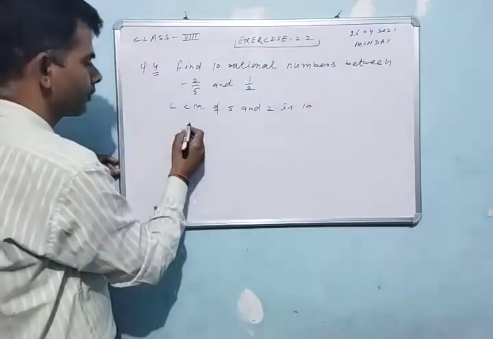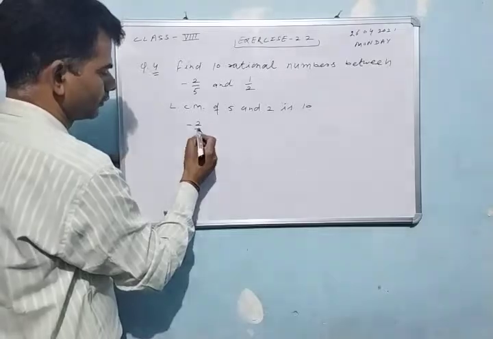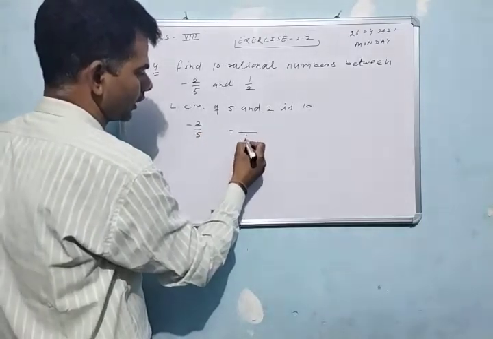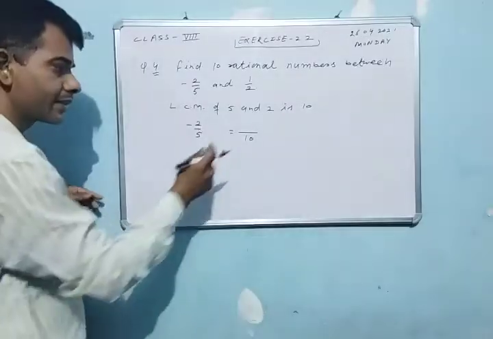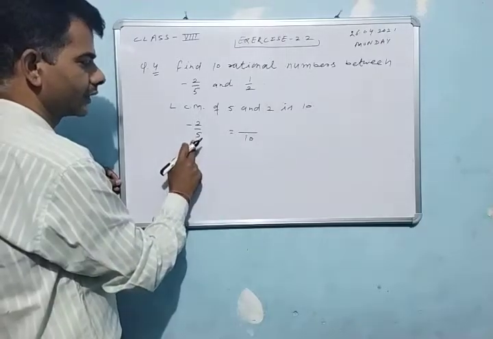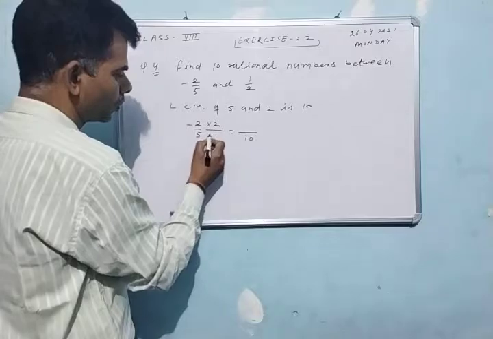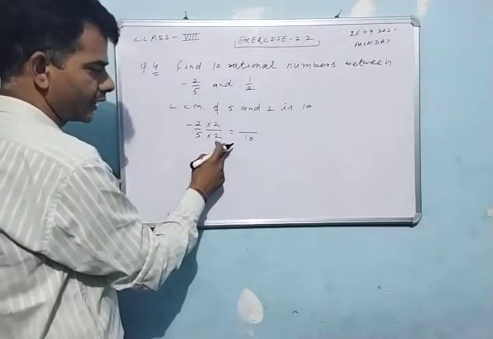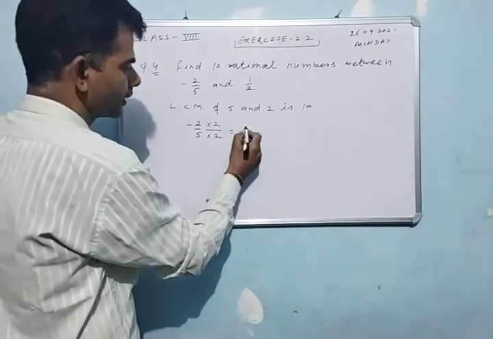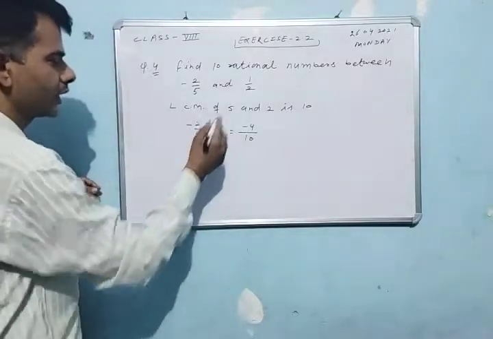Now students, minus 2 by 5 is equal to what over 10? Student, how many times does 5 go into 10? That is 2. So multiply by 2 and also divide by 2. 5 twos are 10, minus 2 into 2 is minus 4. Now student, the next is 1 by 2.